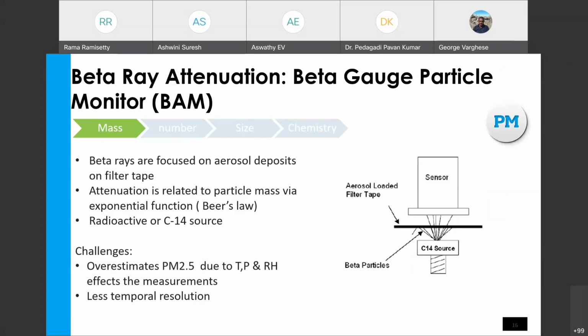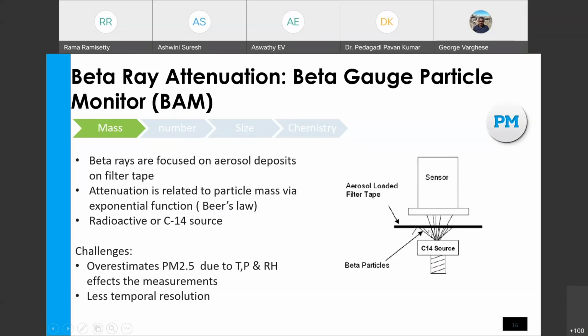Okay, and another method for PM measurements is the beta ray attenuation method, which we call BAM or EBAM. In recent days we have different types of BAM instrumentation. This is also an FRM method, and in this we have beta rays focused on the filter paper. We weigh the filter paper before, and then we check the beta ray attenuation over a period of time. As particles accumulate on this filter paper, the attenuation of the beta rays will increase.